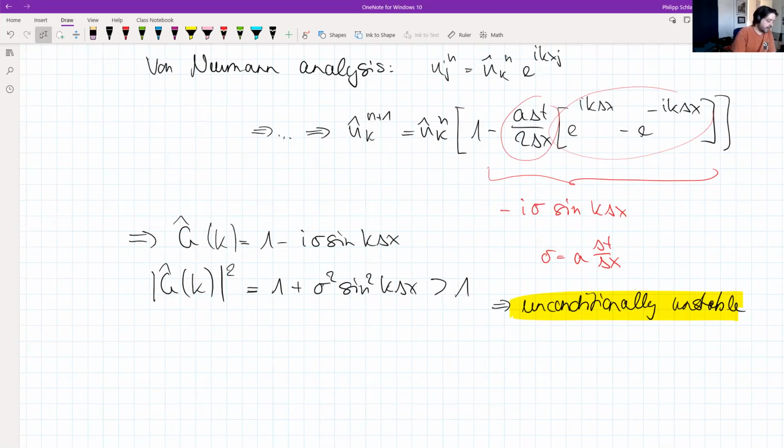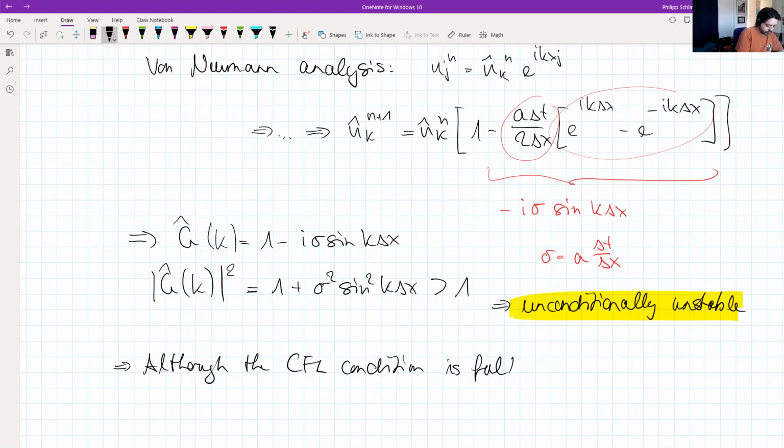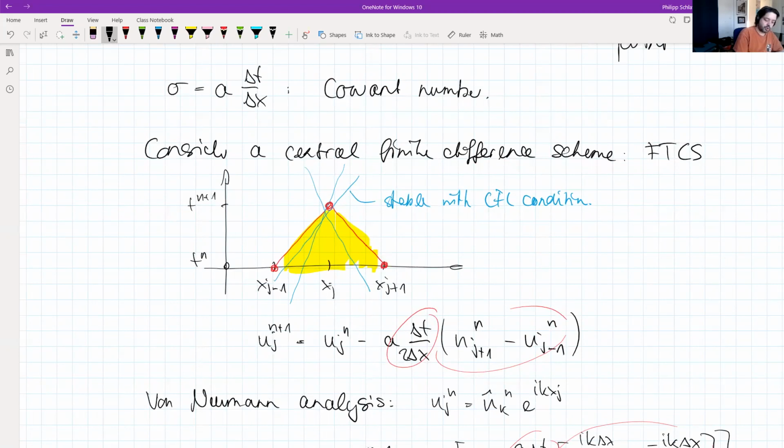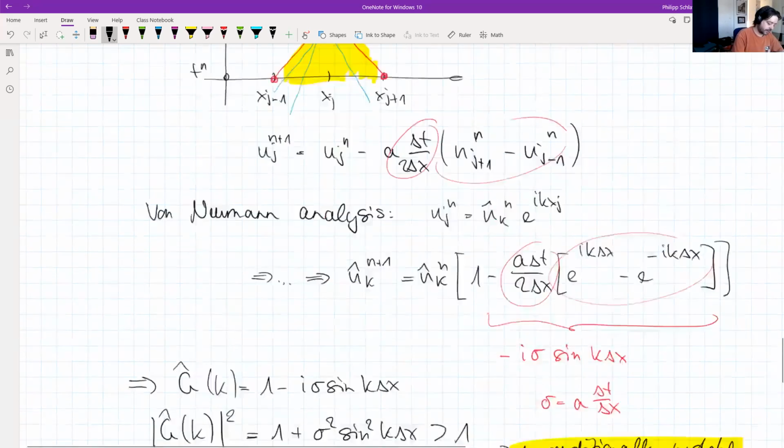And I guess this shows us a very important result that we always need to keep in mind, that although the CFL condition is fulfilled, and with CFL condition being fulfilled, I mean that we can choose some blue lines that lie within the yellow region, so characteristics that lie within the domain of dependence of the central space scheme.